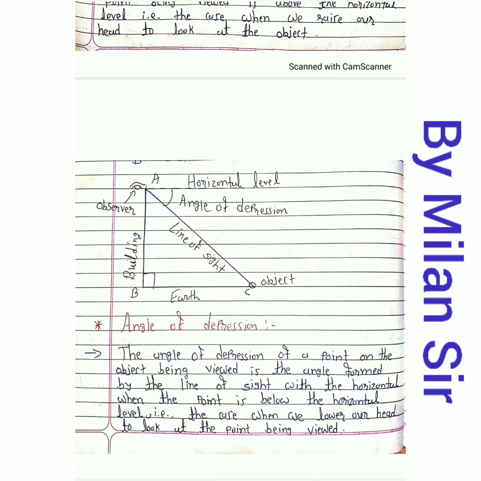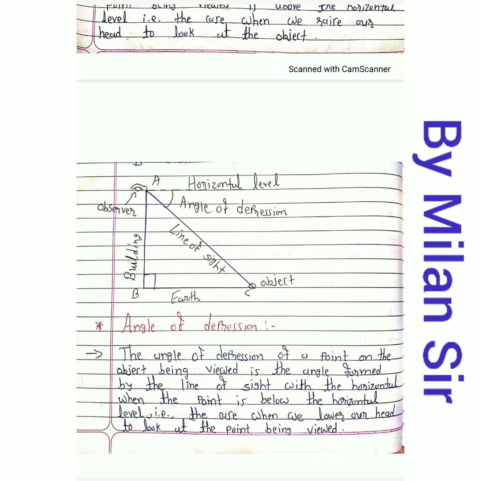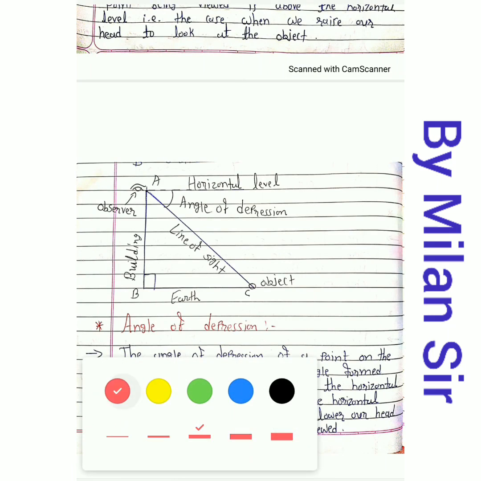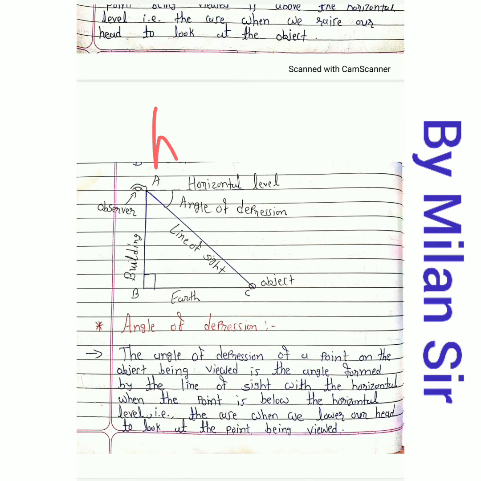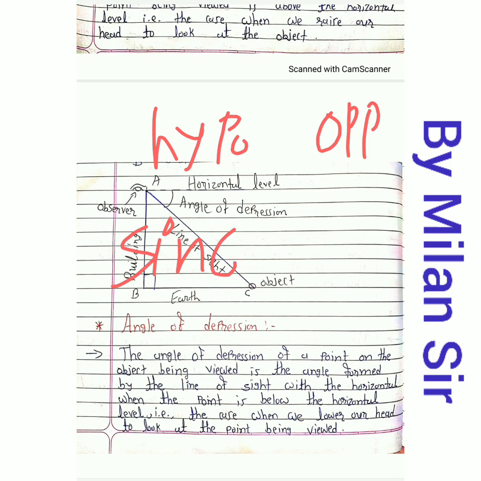So here we need to remember the value of trigonometric ratios at these three angles, 30, 60 and 45. Second thing, whenever we need the relation between hypotenuse and opposite side with respect to the angle, we can use two trigonometric ratios, sin theta and cosec theta.